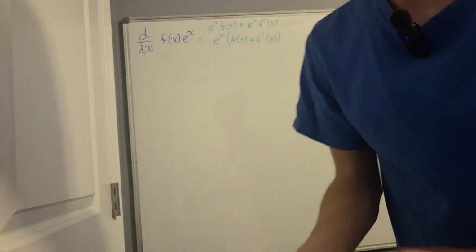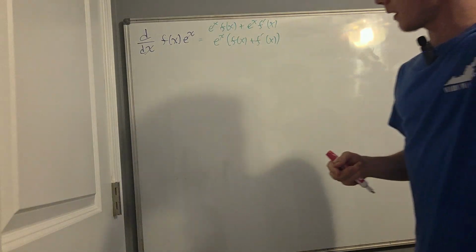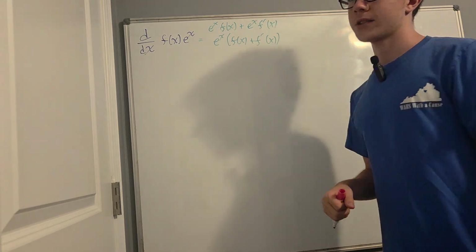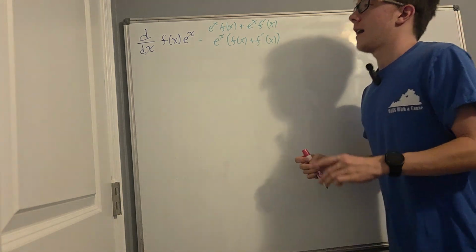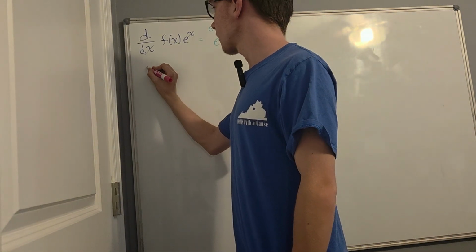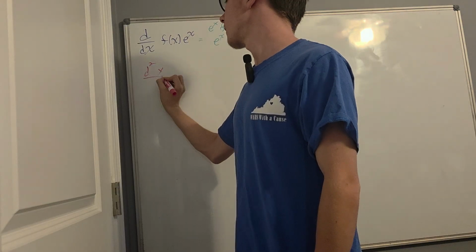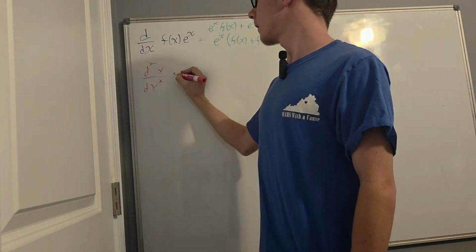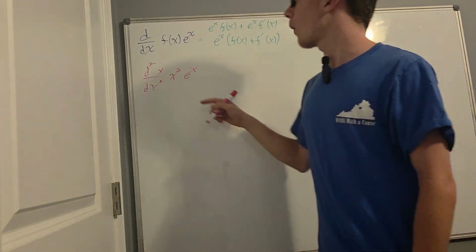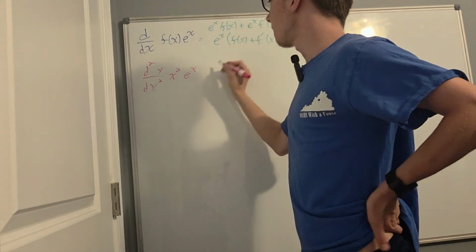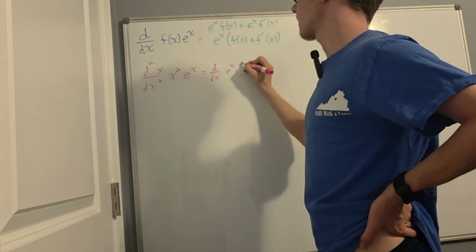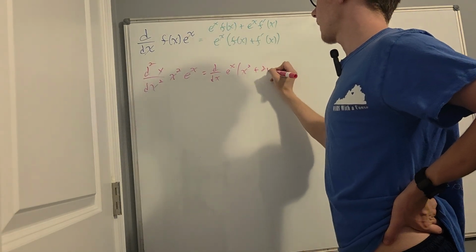Something I've been working on is finding the nth derivative of x squared e to the x, or just x to the n e to the x. Let's look at the second derivative of x squared e to the x. According to this, that becomes the derivative with respect to x of e to the x times x squared plus 2x.